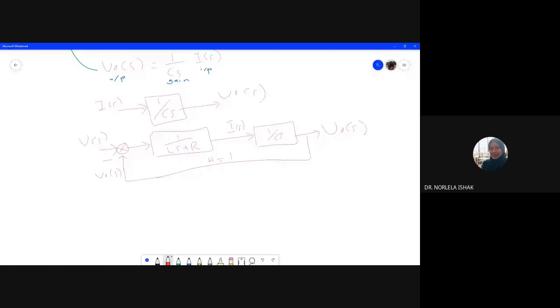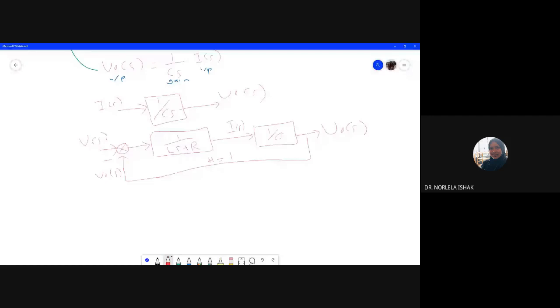Can you determine the transfer function? How to determine the transfer function? Okay, this is the step. In our previous meeting we derived the transfer function based on substitution.